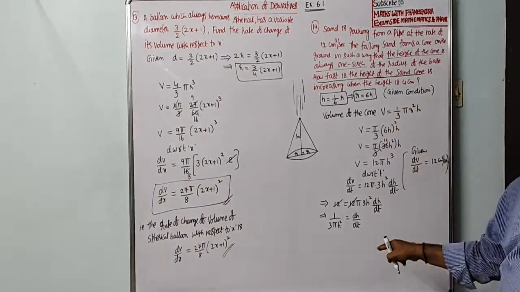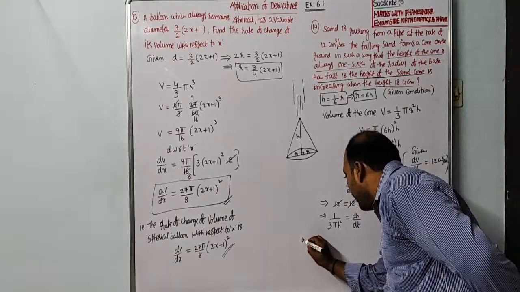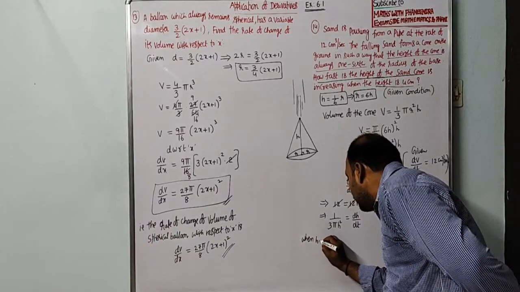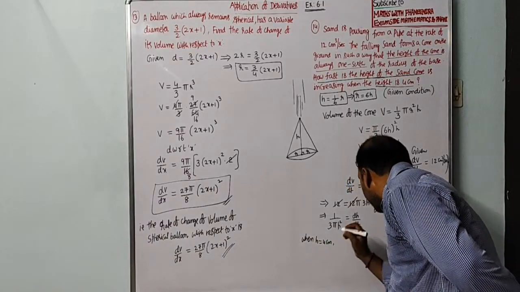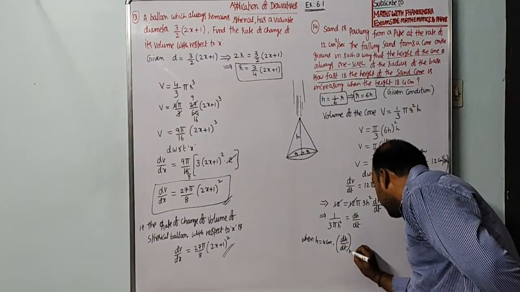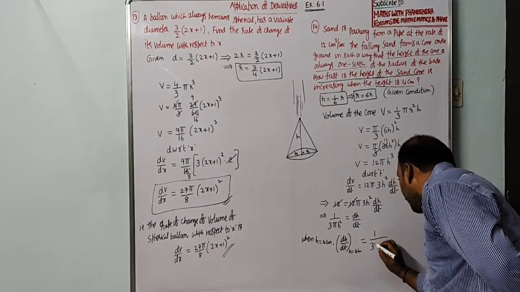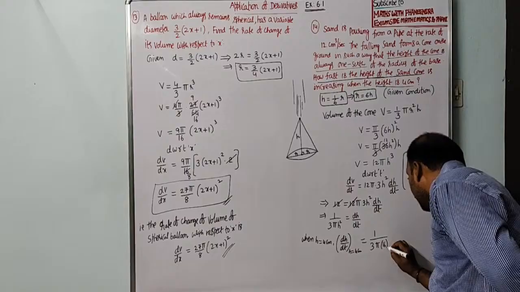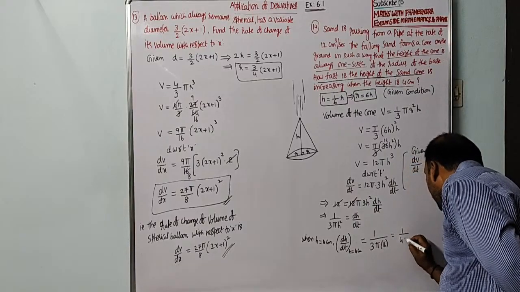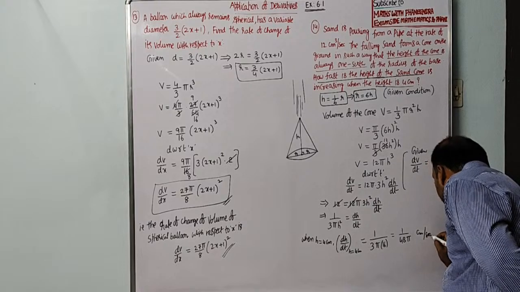After getting dh/dt, what are they asking? When height is 4 centimeter, when h is equal to 4 centimeter, the rate of change is 1 by 3 pi into 16, that is equal to 1/48 pi centimeter per second.